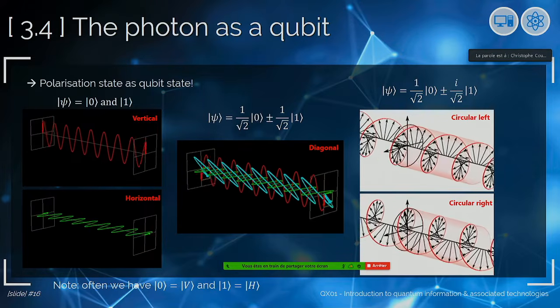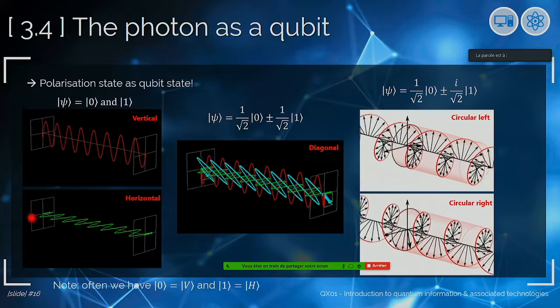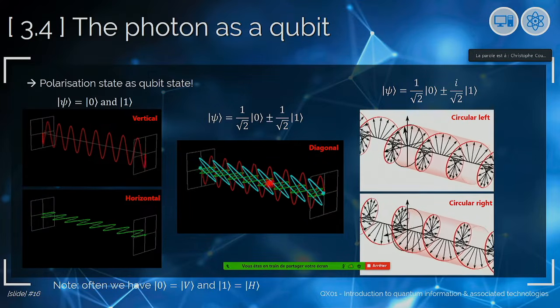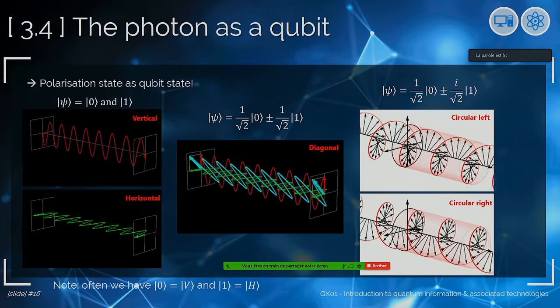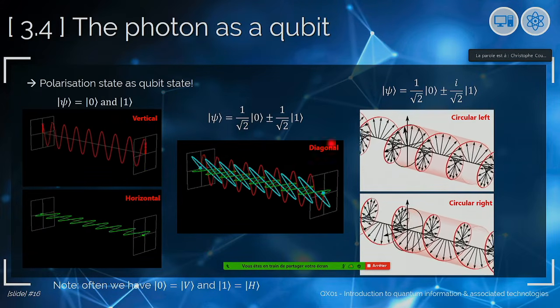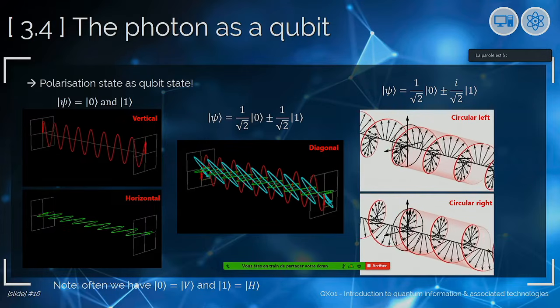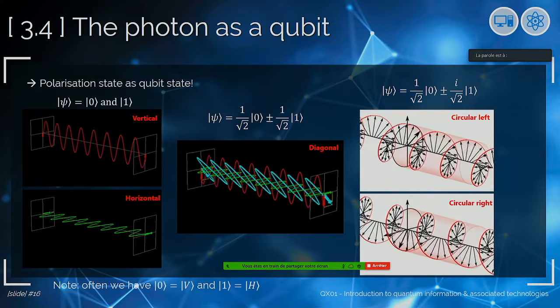Here, likewise, except that now the polarization is along the horizontal axis. This is the diagonal. So in blue is the diagonal component, which is the composition of the two, and we can see, so at 45 degrees. And then here would be what it looks like typically on a circular left and circular right kind of polarization state.